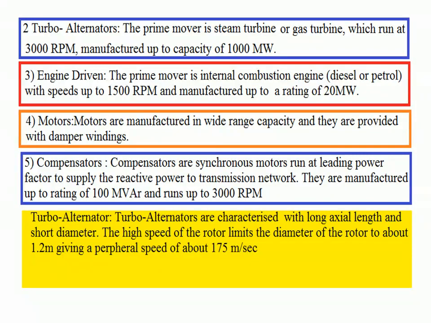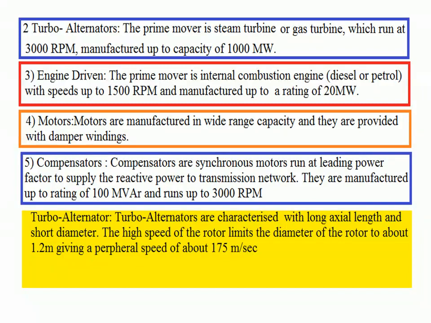Next, continuation of motors. Synchronous motors are manufactured in a wide range of capacity, and they are provided with the damper winding. A very important application is compensators. The name itself gives compensation of reactive power. The synchronous motor runs with a different field excitation system. It works at leading power factor.